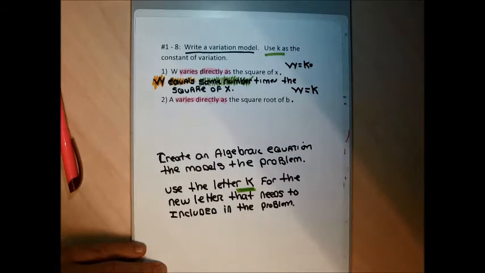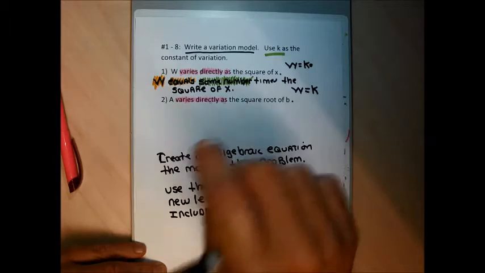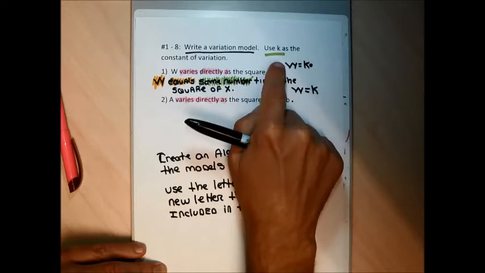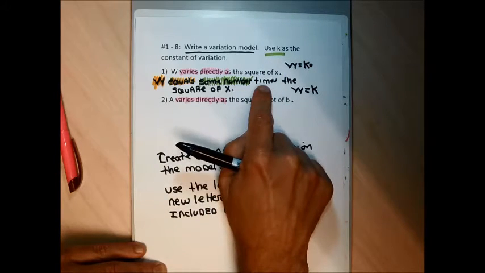But if after that letter K, I just put another letter, I don't need to have a times sign. Two letters written next to each other, the operation will be implied by times. So I'm not going to put anything in for the times.